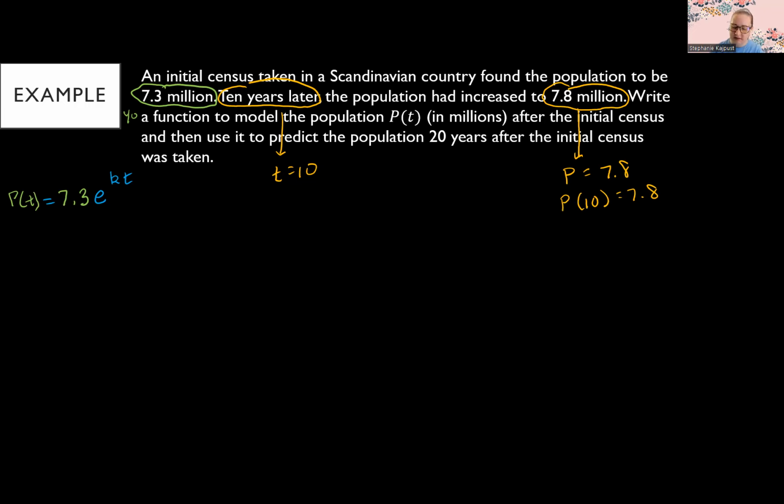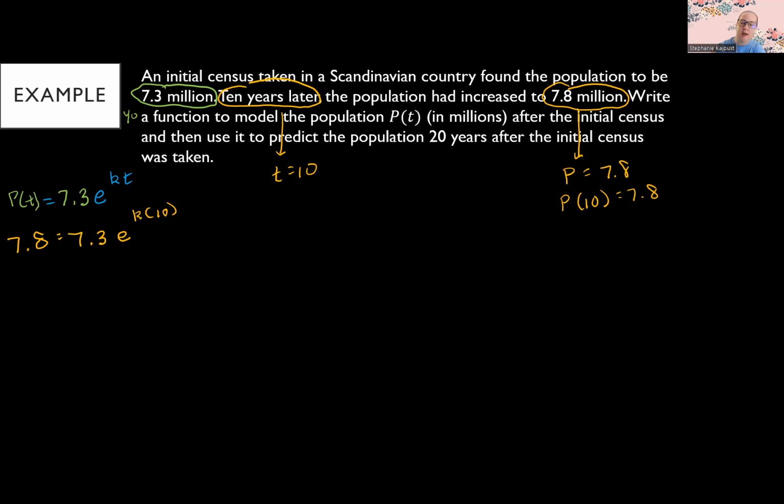So since they don't give us a percent, we have to figure out what that is based off of the model. And so we plug in our numbers. We're going to say we have 7.8 equals 7.3e to the k times 10. So you're plugging in 10 for t, and then you're plugging in 7.8 as your output.